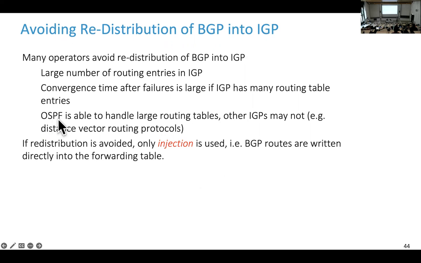OSPF might be able to handle such large routing tables, but most of the operators decided not to do so. Instead, they do injection only, meaning that a BGP router puts the route that it has learned externally directly in its routing table.